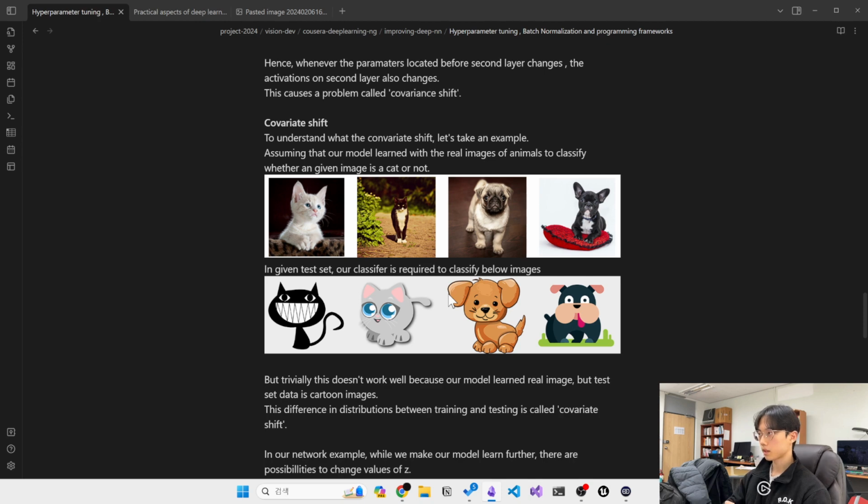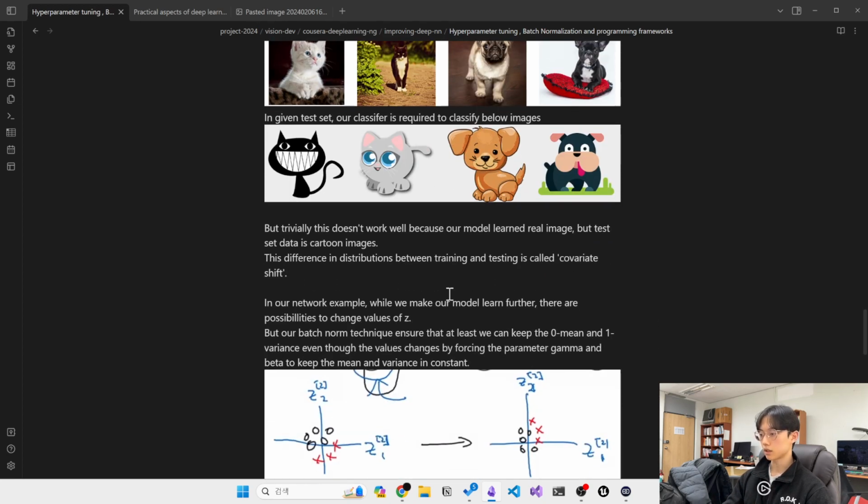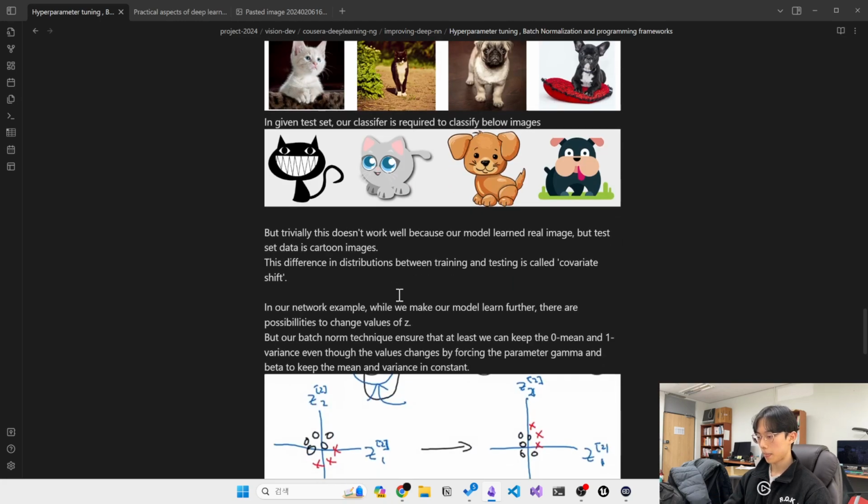But in the test set, our classifier is required to classify whether an image is a cat or not, where the images are cartoons. Trivially, this doesn't work well because our model learned real images like real cats and real dogs, but the test set is cartoons. So a difference in data distribution between the training and testing sets is called covariate shift.